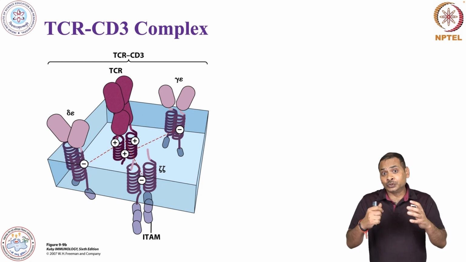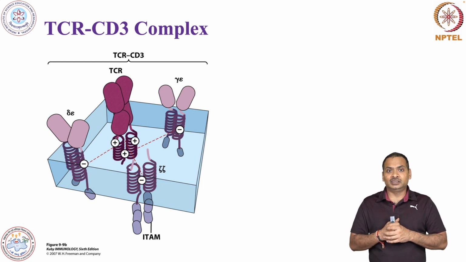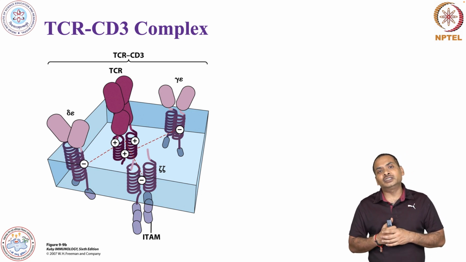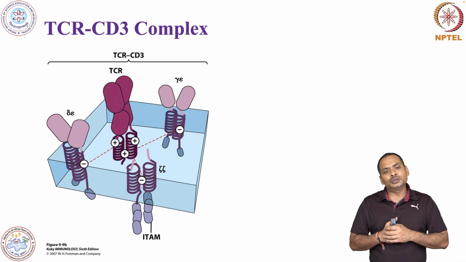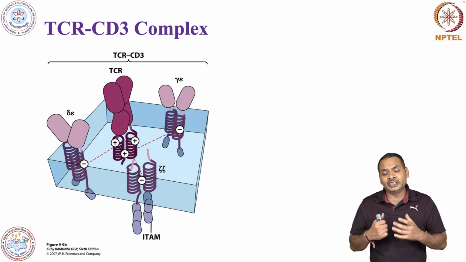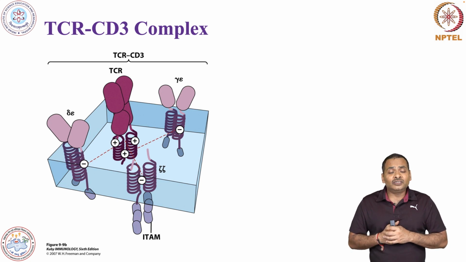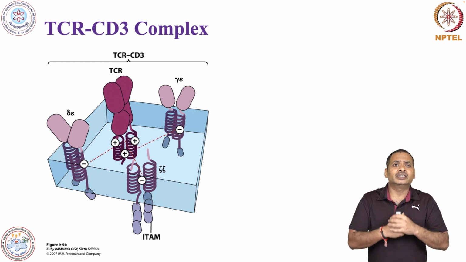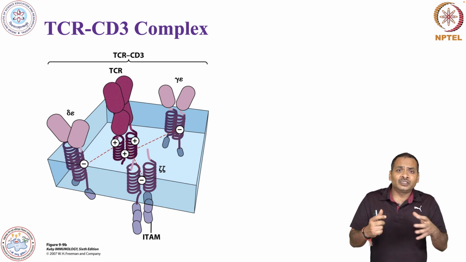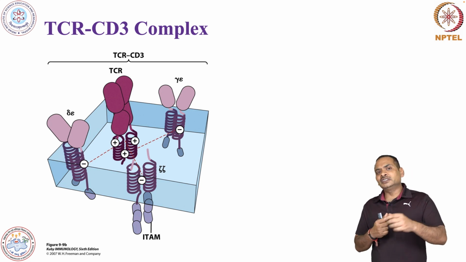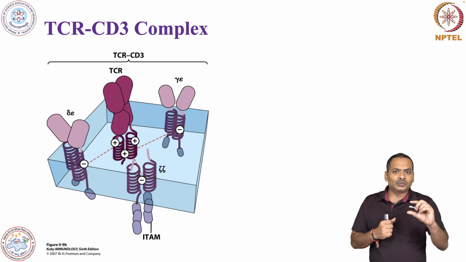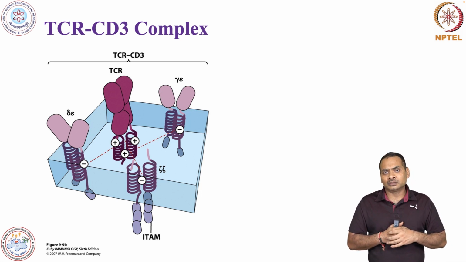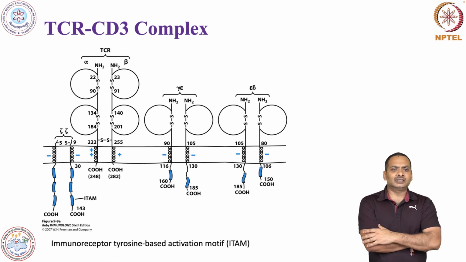If you notice the electrostatic charges, the TCR has a positive charge and the CD3 molecule has a negative charge. Therefore they are always present together, and this presence is needed to make it functional. Here you can see there is one domain or motif which you call an ITAM.